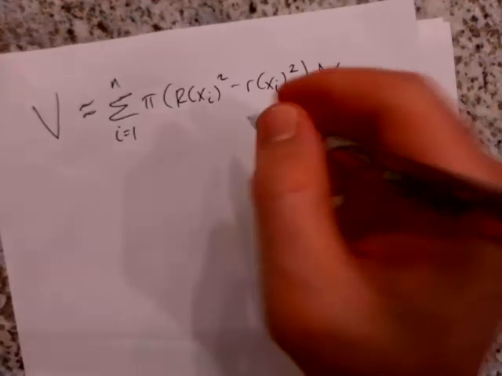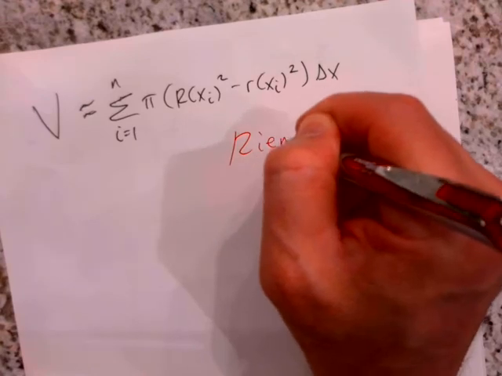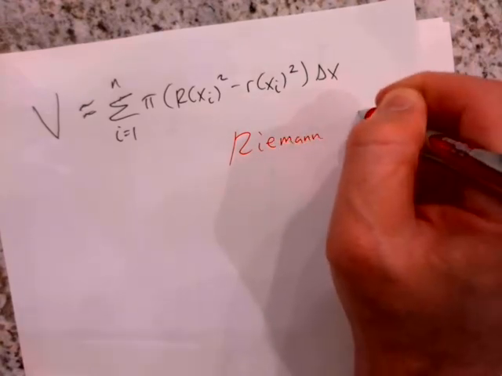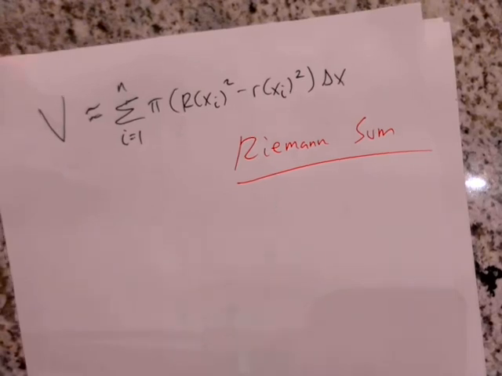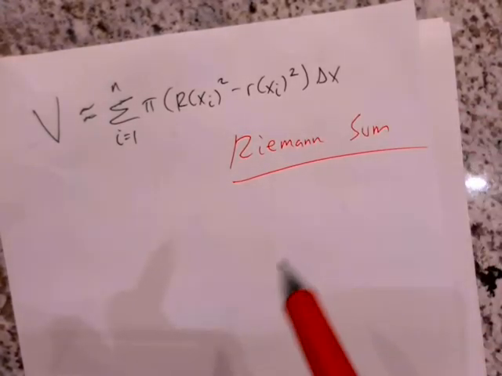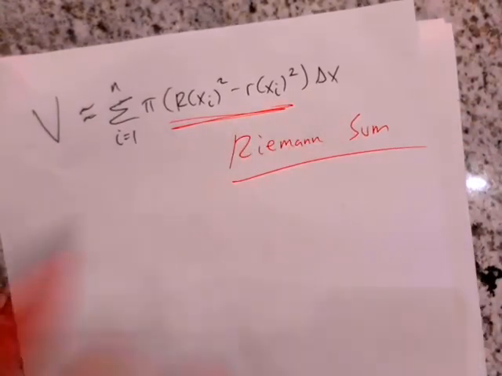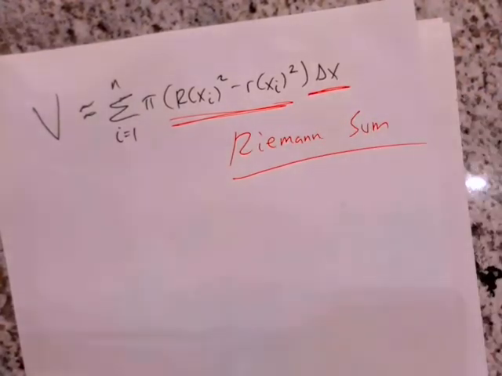This, thankfully, is a Riemann sum. And I say thankfully because Riemann sums turn into definite integrals, and definite integrals have a lot of rules to compute their value. And again, it's a Riemann sum because we have some function of x times delta x.